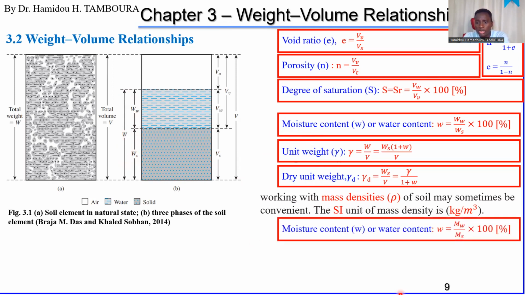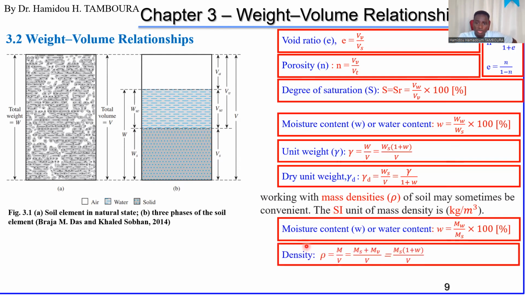So we can get the moisture content, the water content, by just doing mass of water divided by mass of solid, because it is just a ratio. So you can obtain the water content by using the weight or by using the mass.